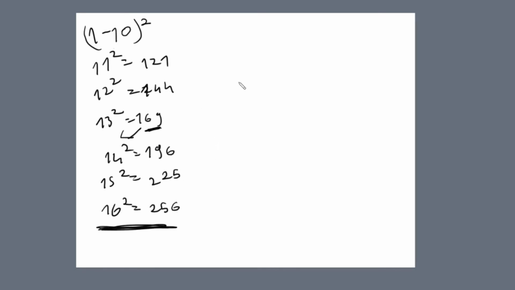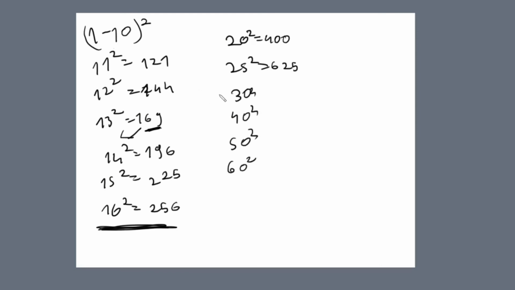And also some trivial ones that I also know, and you should as well. You need to know how much is 20 squared, that's 400. 25 squared, that's 625. You also need to know how much is 30, 40, 50, and 60 squared. Now, the way to calculate these is very simple. You just square the 3, you get 9, and you add 2 zeros.